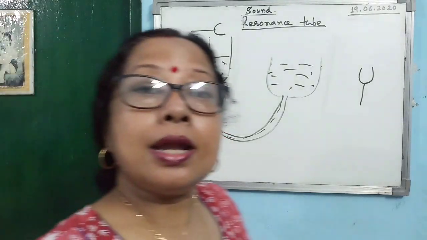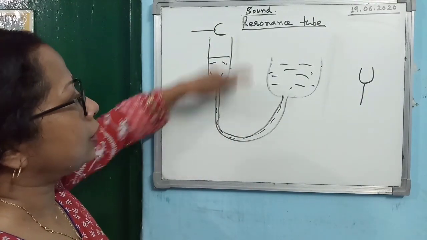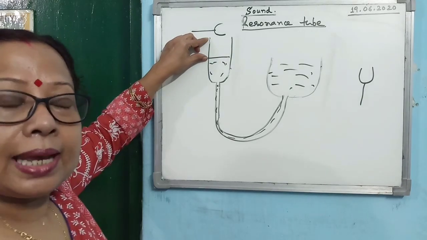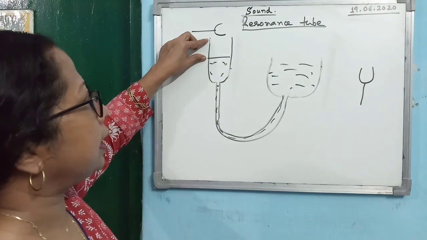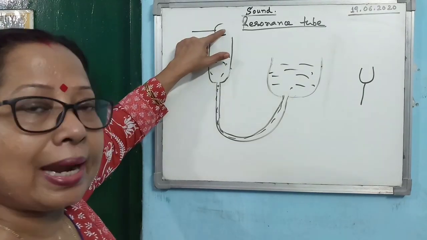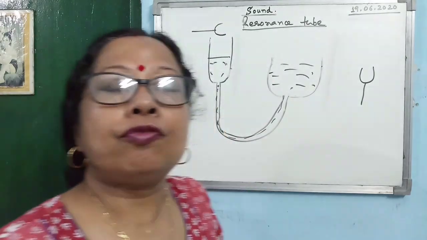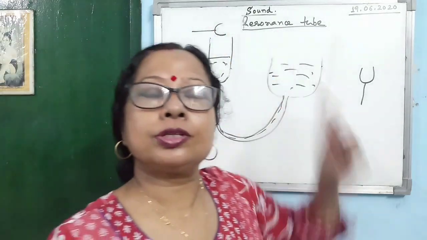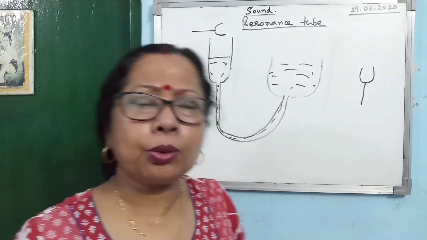Is that clear? Now how will you do the experiment? You just change the length of the air column, and every time after changing the length, you hold the vibrating tuning fork above it. Then you will observe that for a certain length of the air column, a louder sound will be heard.